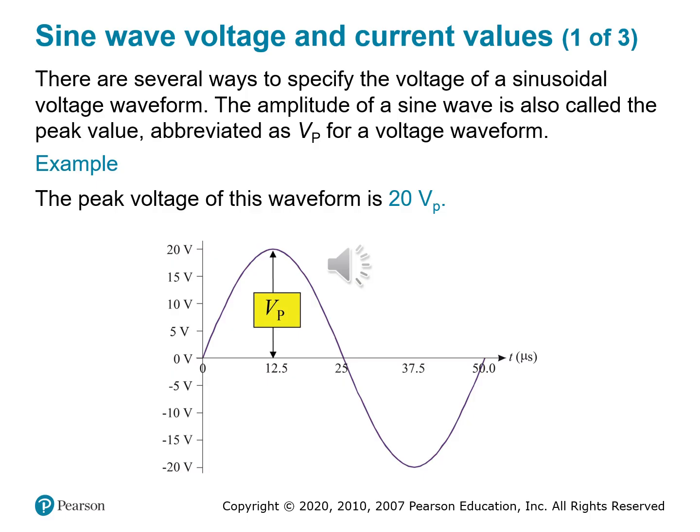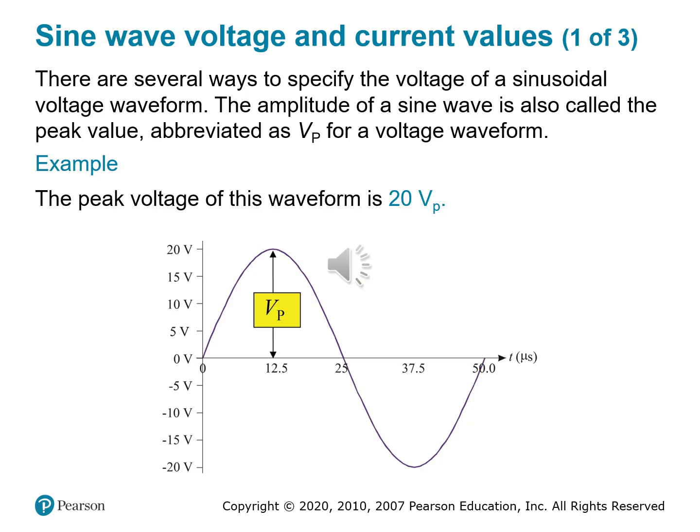In the waveform shown here, you can see that the wave rises to plus 20 volts. It falls down to negative 20 volts. So that makes the peak value V sub P exactly 20 volts. This is not to be confused with peak-to-peak voltage, which we'll get into in a later slide. V sub P only looks at the height from the center line, or 0 volts, to the top of one of the peaks, either the positive or the negative peak.